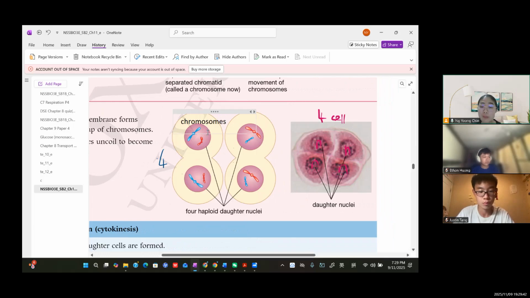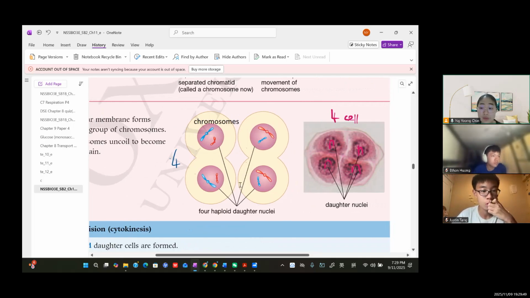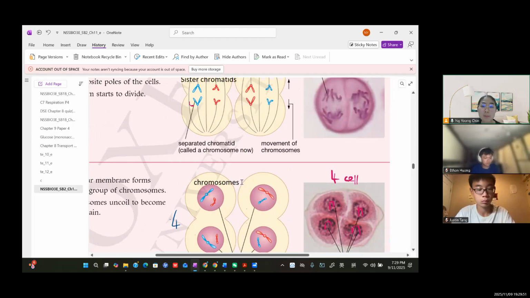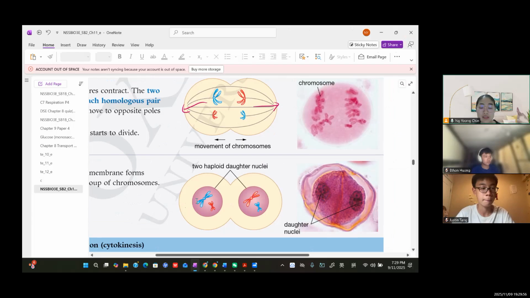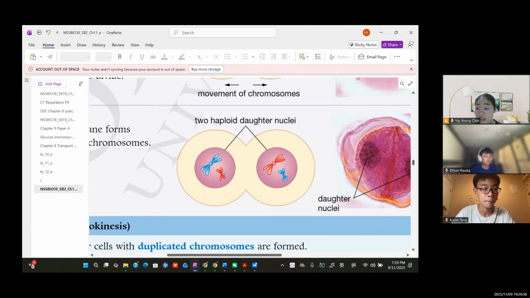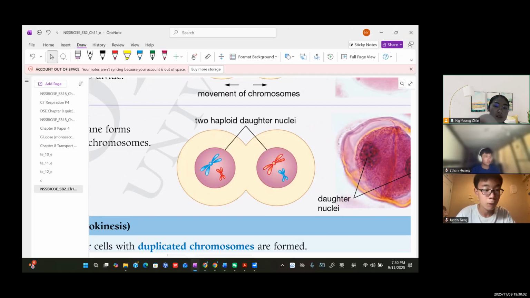So you know that there's about 1 set of the chromosomes. It's not 2 sets, but 1 set of chromosomes, right? If compared to the mitosis, right, we have 2 sets. Yeah, so you can see, this is the mitosis. You have 2 sets. Like this is 2 sets.